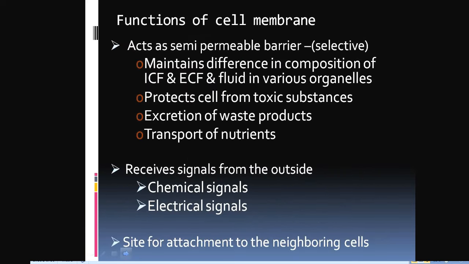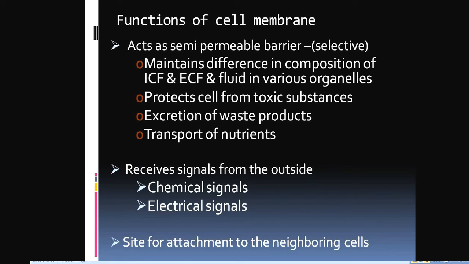Now, the next question arises: what are the functions of cell membrane? Cell membrane basically acts as a semi-permeable membrane. It maintains the difference in composition of extracellular fluid, intracellular fluid and fluid in various organelles. It protects the cell from toxic substances, excretion of waste products and transport of nutrients.